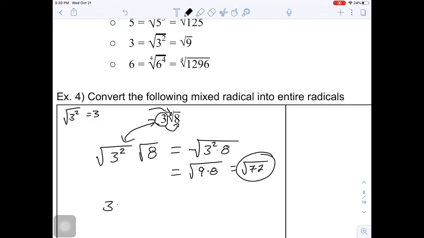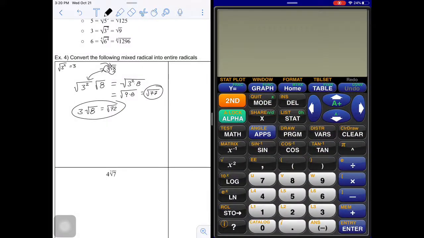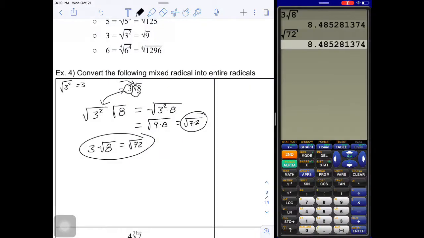So 3 square root 8 equals square root 72. And again, you can check that. Let's check 3 square root 8, and let's check what the square root of 72 is. It equals the same values, so that's a way we can check in our calculator.